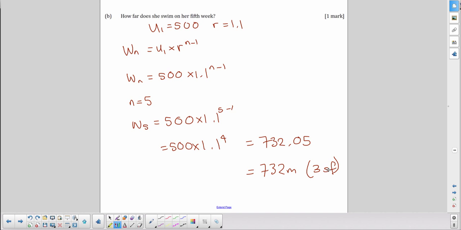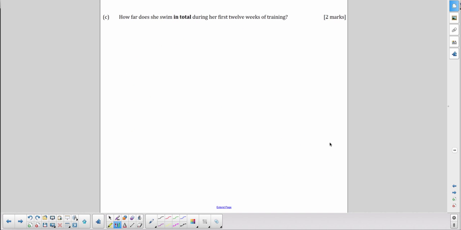Okay, so to answer that question we first wrote it as a formula and then substituted 5 into our formula. How far does she swim in total during her first 12 weeks of training? So she's been swimming for 12 weeks now and we want the total distance. In other words, I want to calculate the sum W1, W2, W3 plus all the way up to W12.